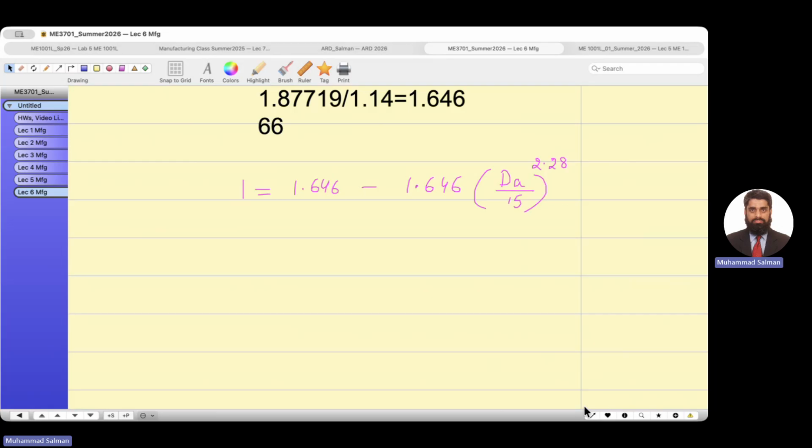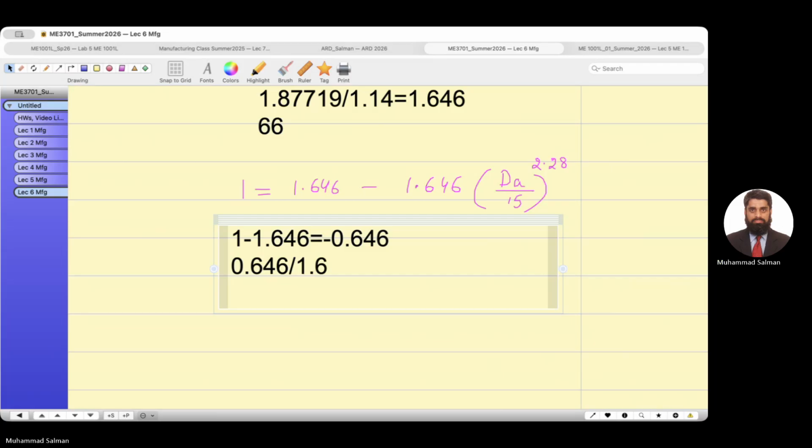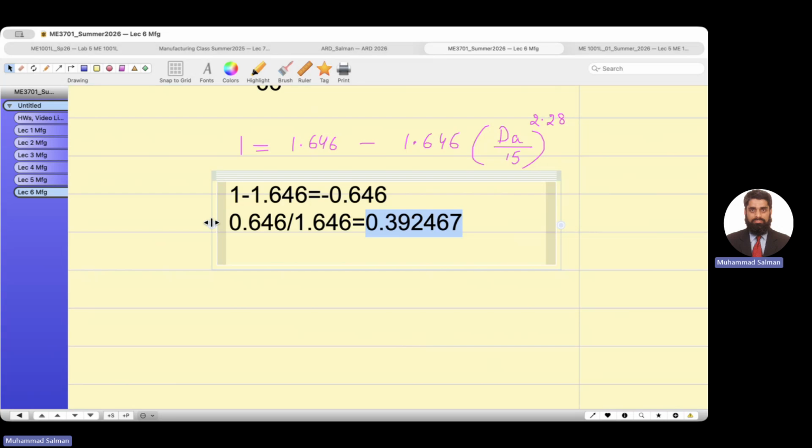Can you open your calculators and help your professor here? 1.1 minus 1.646 to the negative 6, divided by 1.646, about 0.392. So let's write down over here: 0.392 equals dA over 15.